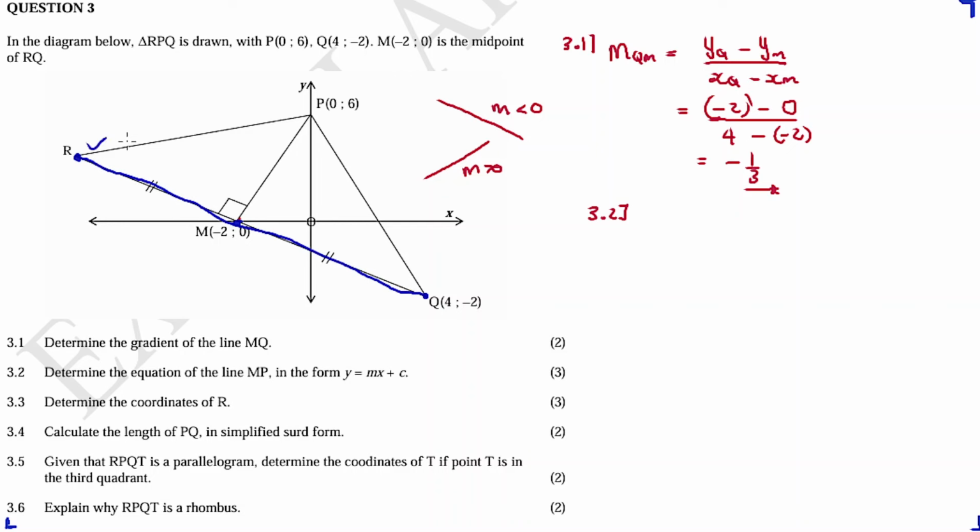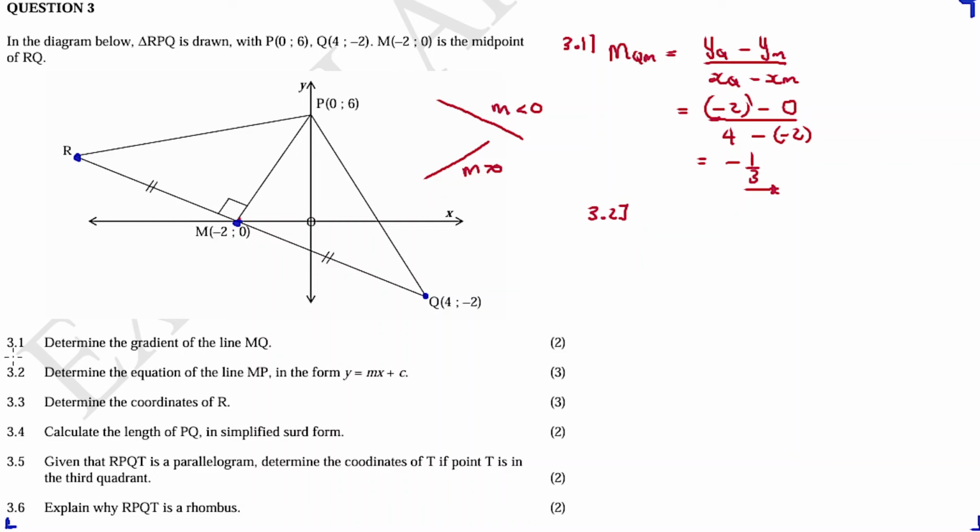We call these collinear points, meaning that if I calculated the gradient of RM, I would get minus 1 over 3. If I took the coordinates of R and Q, I should get the same gradient of minus 1 over 3. So they are collinear points.